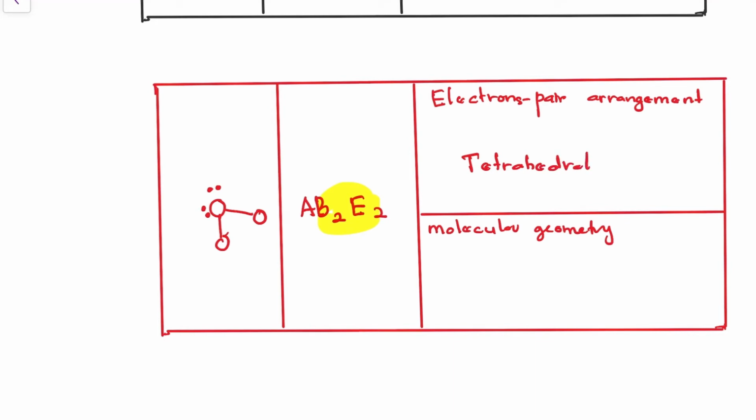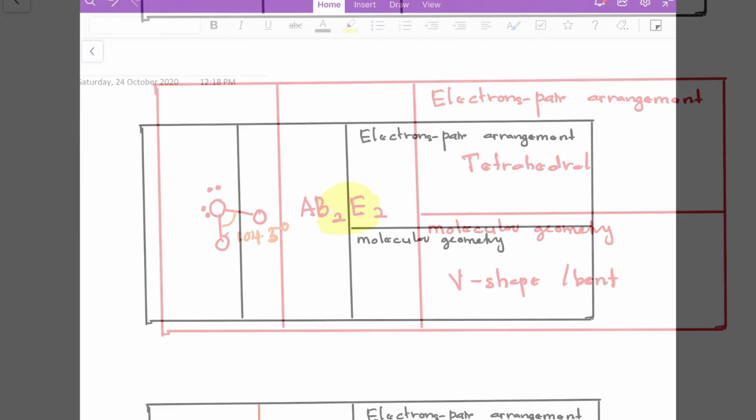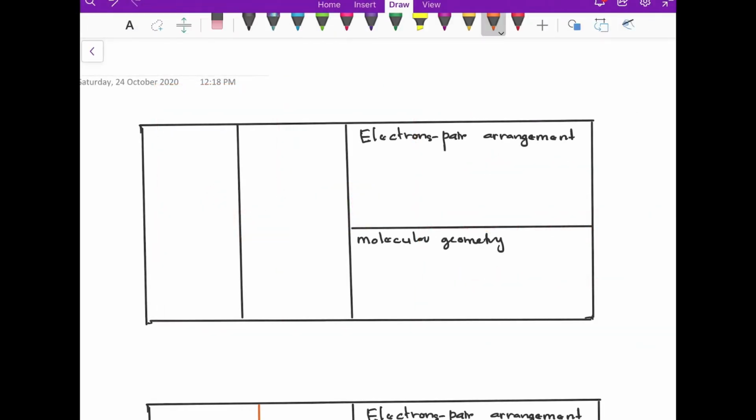But due to the repulsion, the molecular geometry becomes V-shaped or bent, with the bond angle 104.3 or 104.5 degrees.